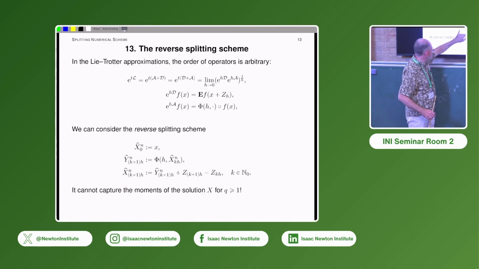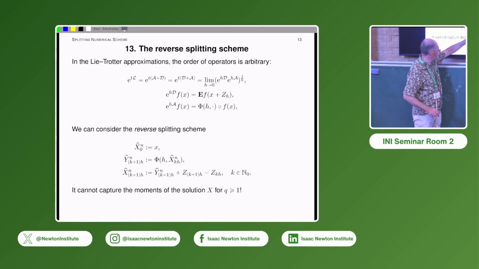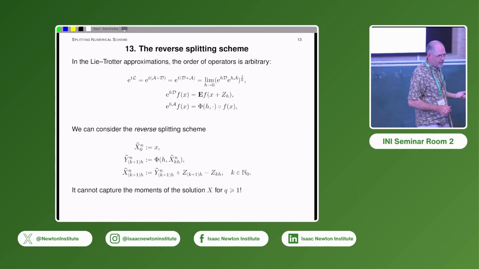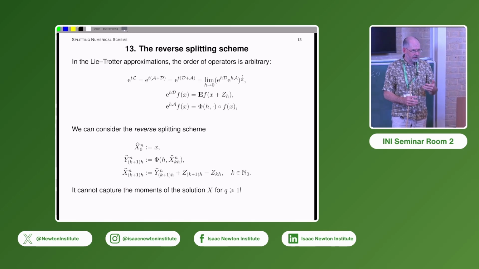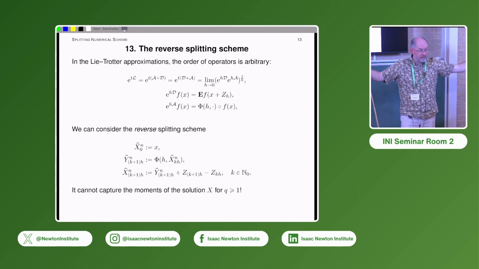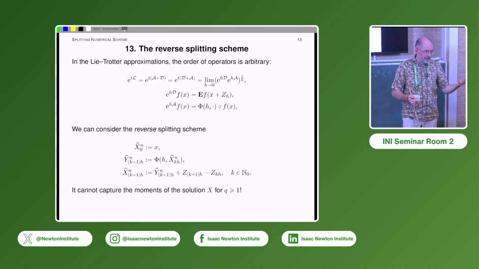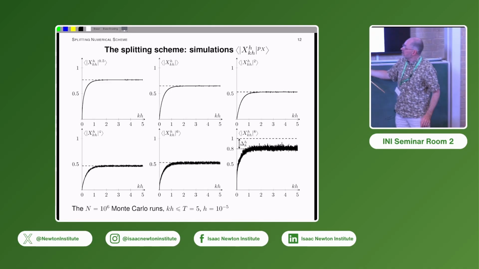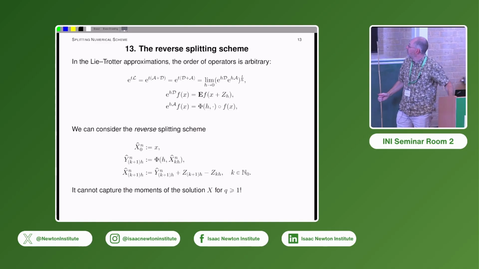This means the moments of h cannot exist for moments larger than 1, because the scheme is something bounded plus a non-integrable random variable. If you do it the other way around, first you get something and then you confine, then it works. That's exactly the case here.